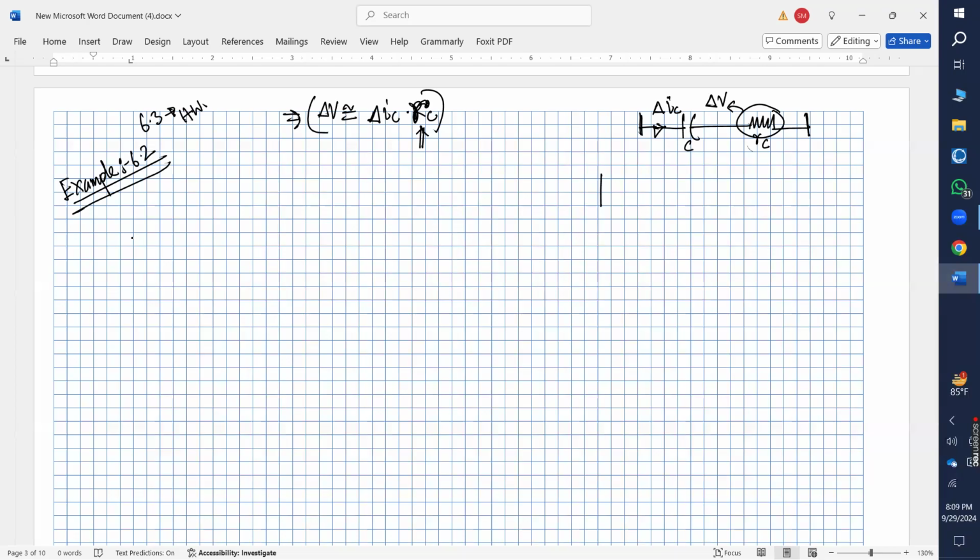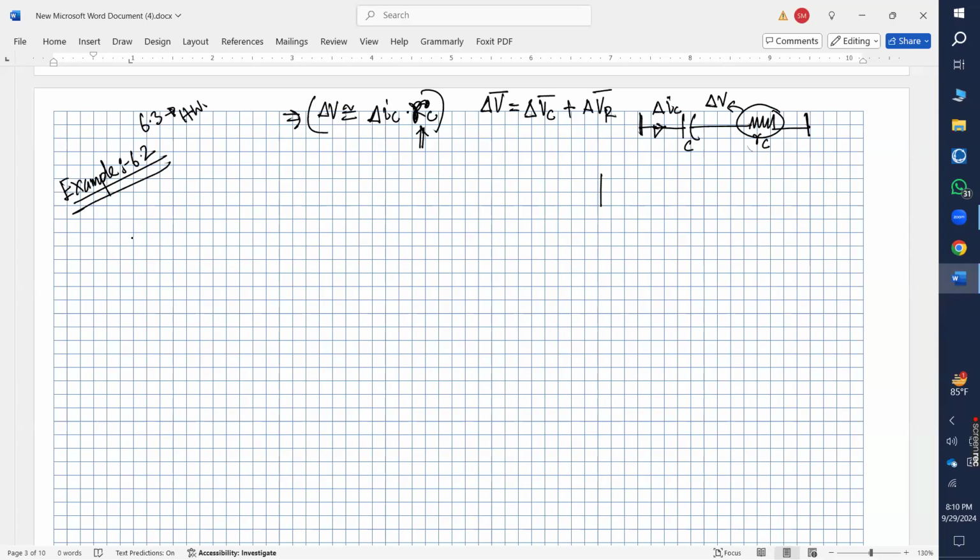Yes, so this delta V should be the summation of these two drops, right? If I say it in phasor form, this delta V should be equal to del VC, the drop happening due to the capacitance, plus del VR.